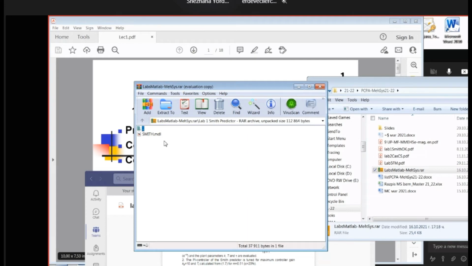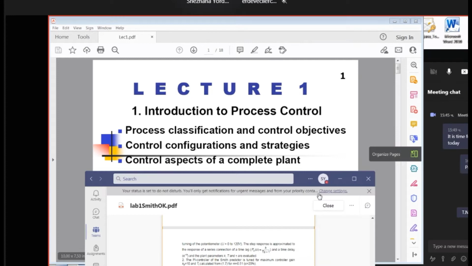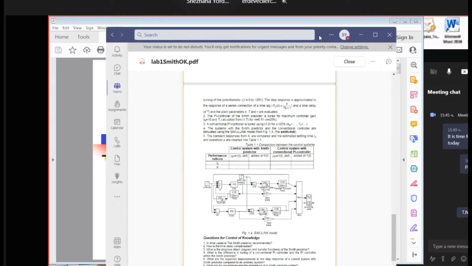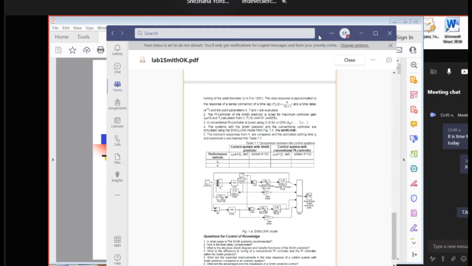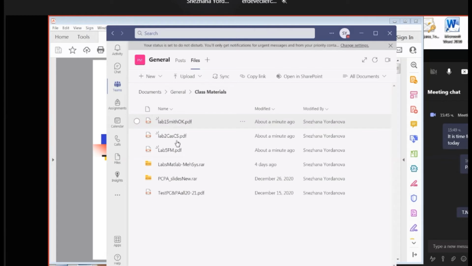And we'll discuss, maybe it needs conversion, so I'll show you the first tutorial, the first laboratory, how to convert from one release into another already prepared models in Simulink. So here you'll find all materials you can download.